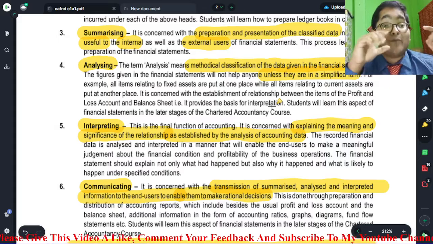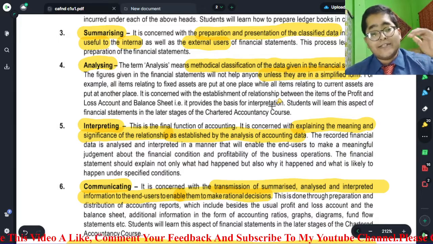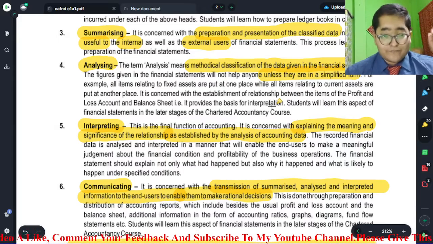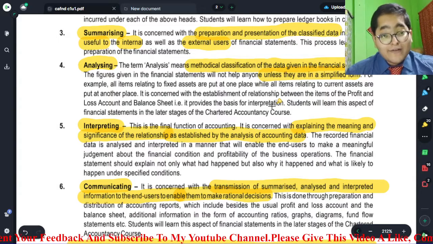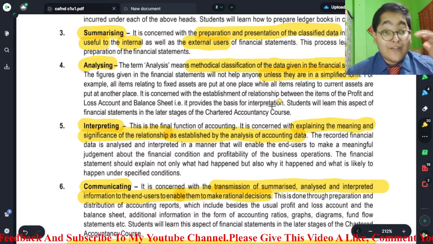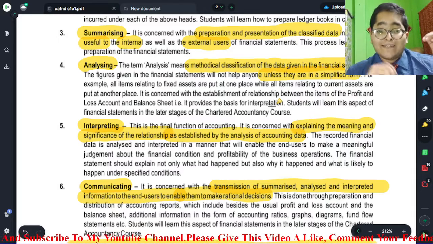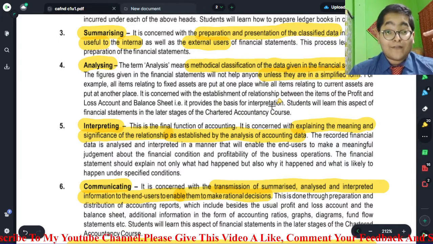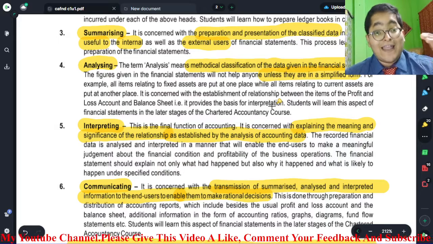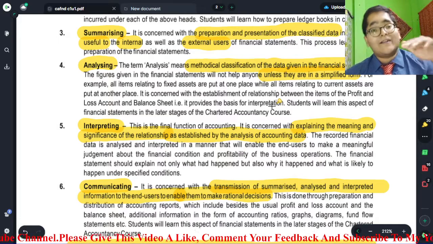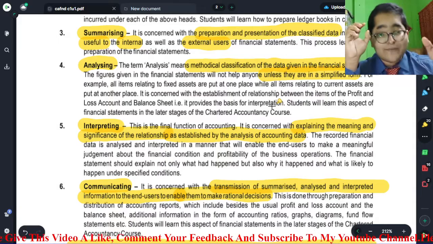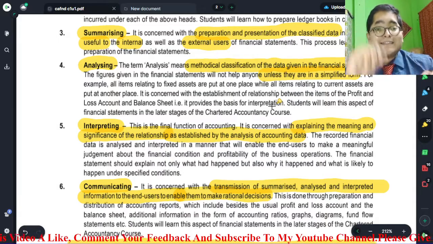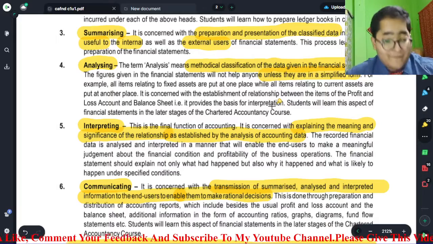So the classification needs to be methodical. An expense should be understood as an expense, and income should be understood as an income. This is the objective of accounting.